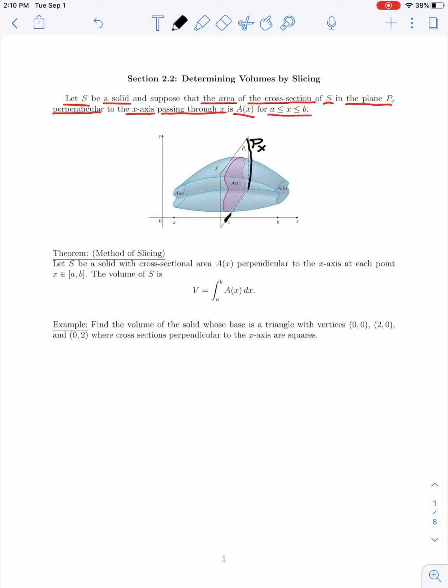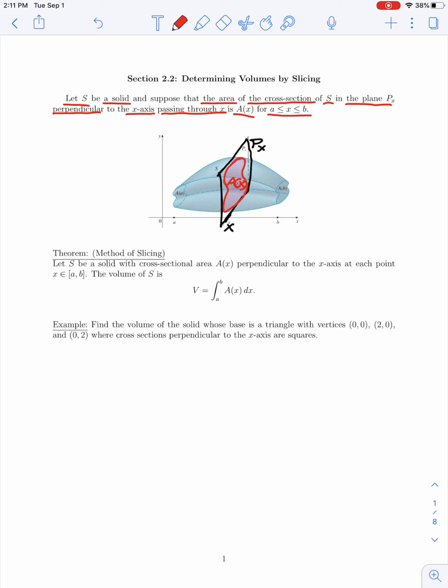So here we've got our plane P sub x, which is perpendicular to the x-axis, and it's passing through a particular value, x. And we see that when we slice our solid with that plane, we have a cross-section of our solid that looks something like this. And the area of that cross-section is what we're calling A of x.